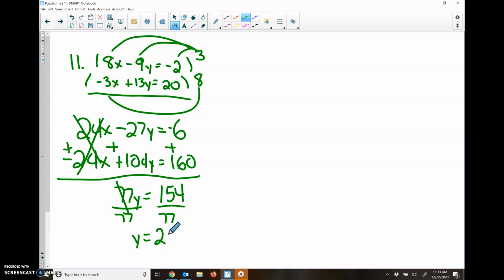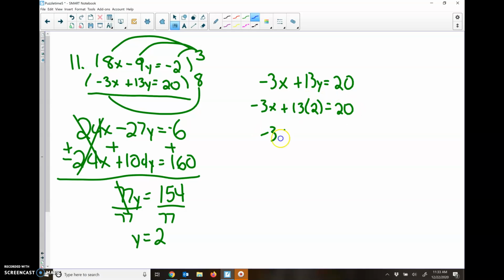All right, and then we go back and plug in. Let's do that bottom equation. So I have negative 3x plus 13y equals 20. We just figured out that y was 2. So instead of 13y, I'm going to put in 13 times 2. So negative 3x plus 26 equals 20.